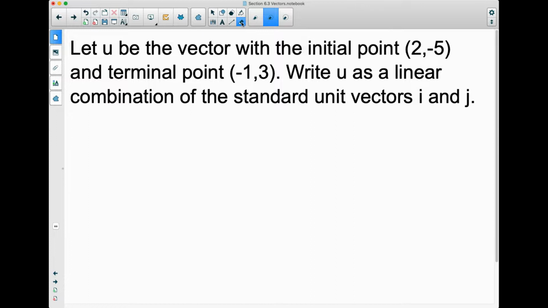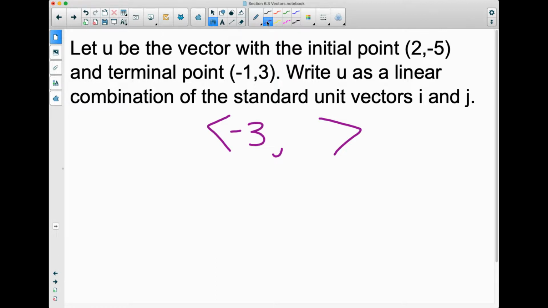Write it as a linear combination of these two vectors, whatever that means. My terminal is -1, so -1 minus 2 gets me -3.